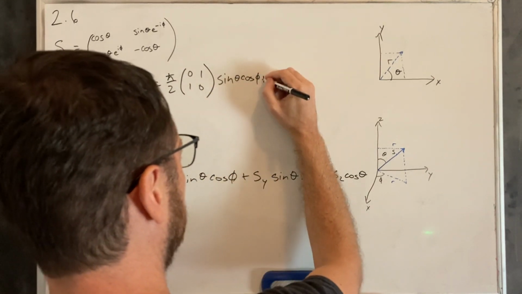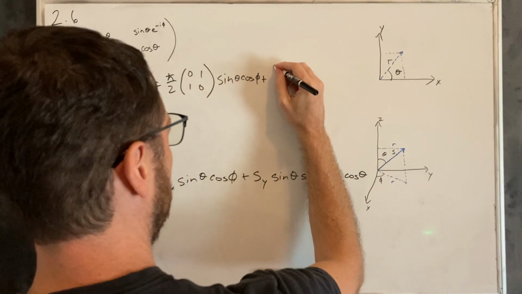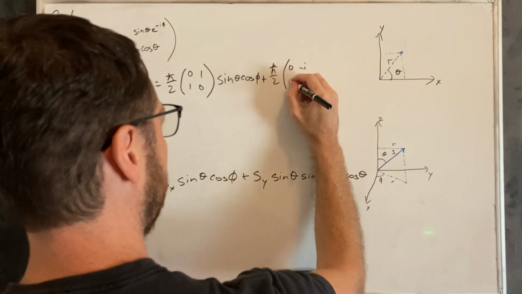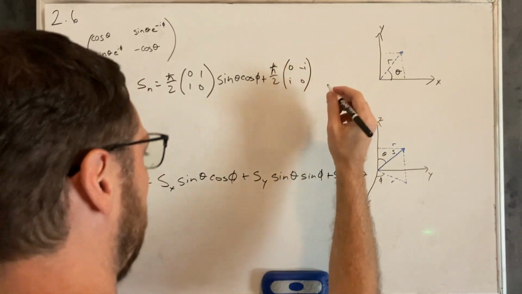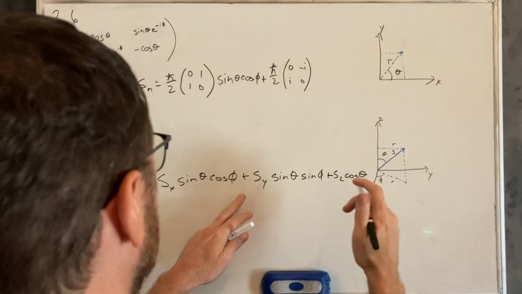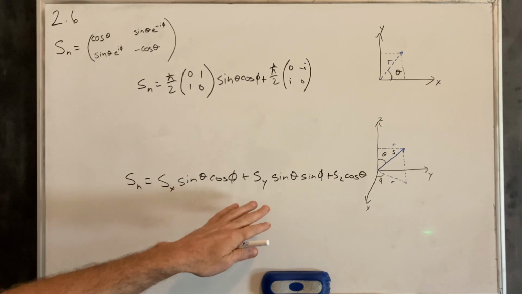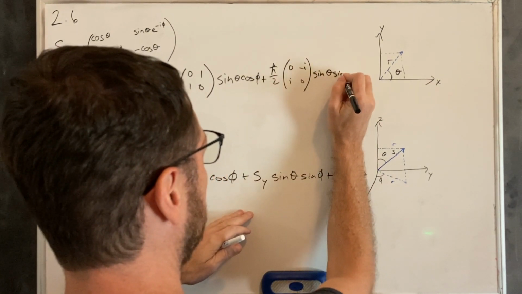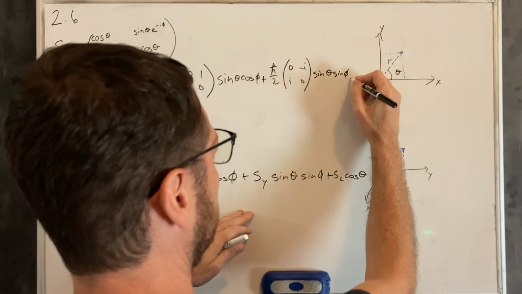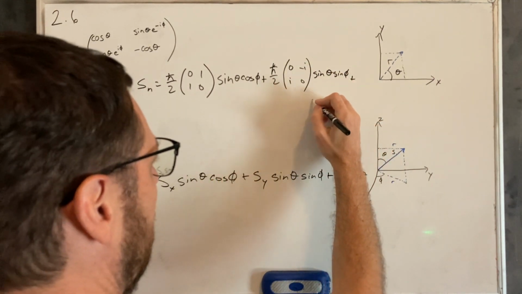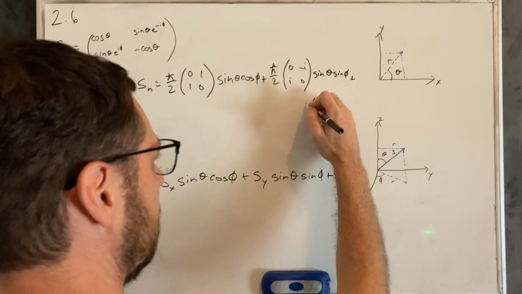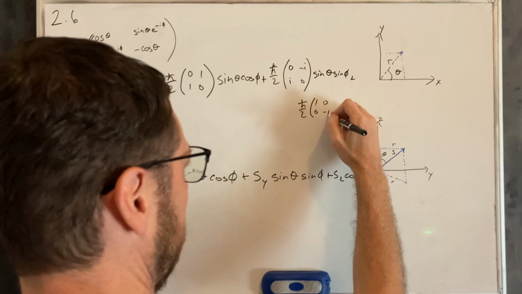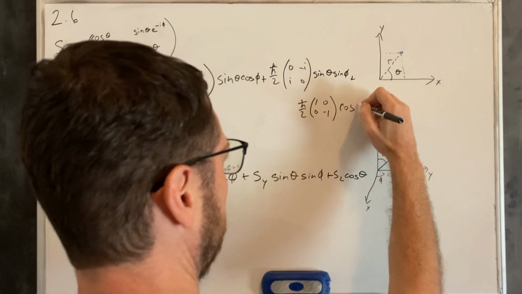Then we have plus our Sy operator, which is h bar over 2, times the matrix 0, negative i, positive i, 0. I wrote too big here, but we have sine theta sine phi, plus, I'll write down here, our Sz operator, which is going to be h bar over 2, times 1, 0, 0, negative 1, times cosine theta.